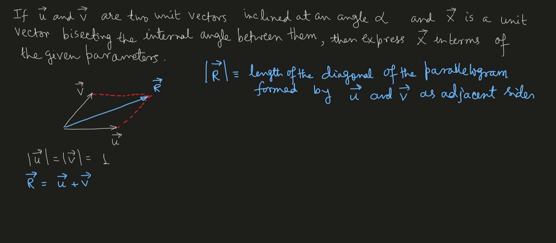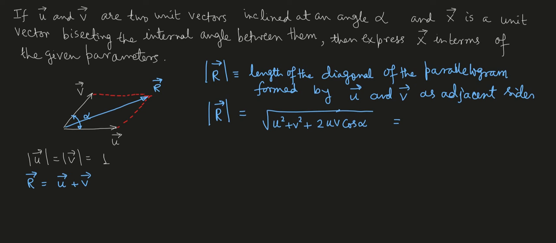Then, as per the law of addition of vectors, what is r? r is nothing but root over u square plus v square plus 2uv cos of the angle between them. Here the angle between them is alpha.